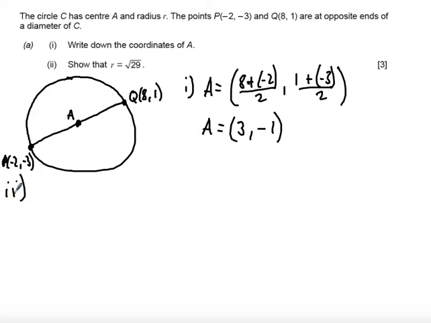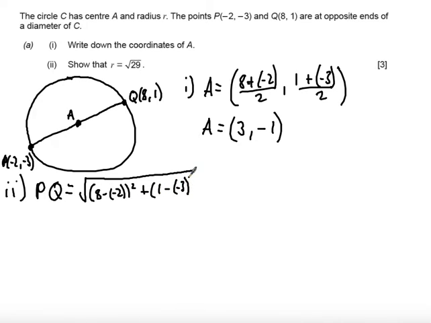Part 2 says show that the radius is root 29. So what I'm going to do is find the diameter and halve it. You could do the radius directly from the centre, but I'm choosing to do the diameter because I know at this point that the coordinates for the diameter are correct. So I'm going to get 8 minus -2 squared plus 1 minus -3 squared.